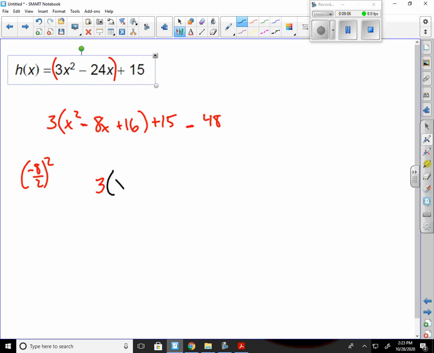So now it's going to be 3 times x minus 4. So we got negative 4 inside of here. Then 15 minus 48 is negative 33. And so now we're in vertex form. Vertex would be the point 4, negative 33.